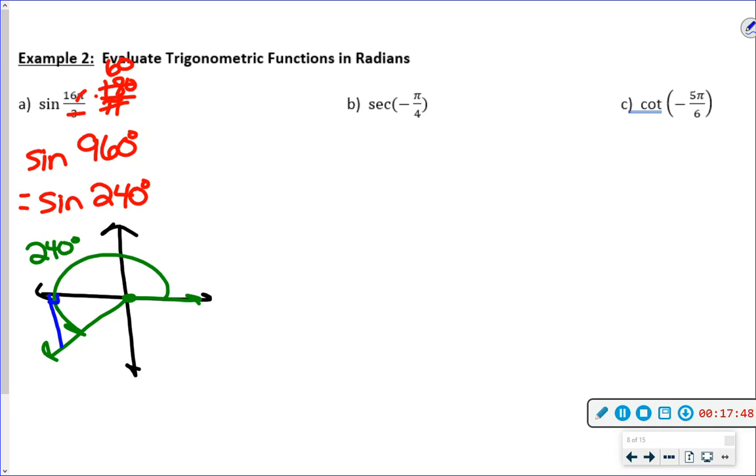How many degrees are there between 180 and 240? 60, yep. So this would be your 30, opposite the 1, opposite the 60, root 3, hypotenuse 2. Now, just due to our location, the root 3 needs a negative. Then we're just doing sine. Opposite over hypotenuse. Negative root 3 over 2 for a final answer.